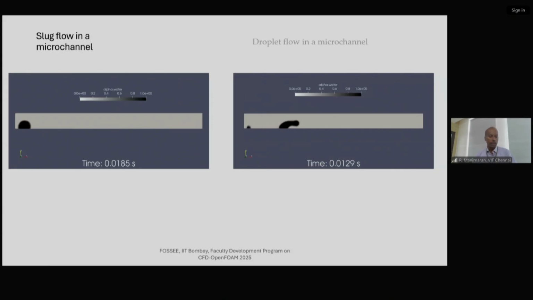This is characterized by the velocity of the air as well as the velocity of the liquid or water here. The transport of the bubble or the slug or the droplet is very interesting, and it has various scientific applications in the industry also.